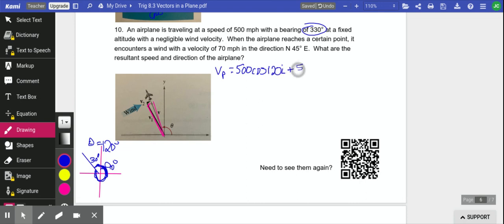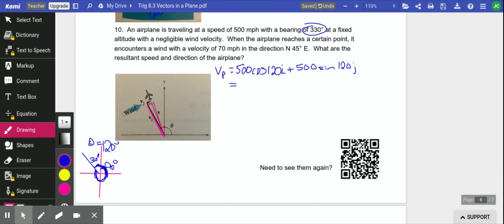Our y component is our magnitude, sine of 120. And let's see, we can do exact values for these. It'll be okay. Cosine of 120 is just negative 1/2.